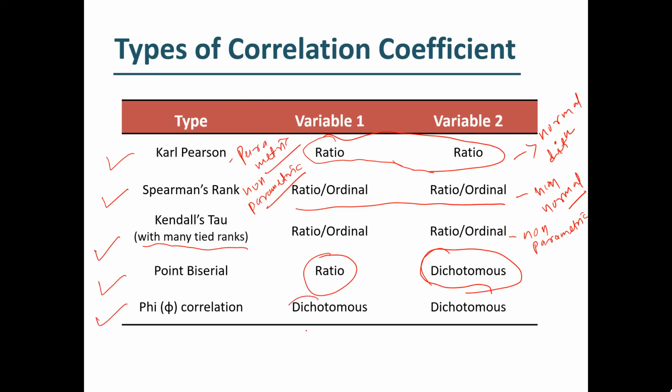And if both variables are dichotomous, we use the phi correlation coefficient. So these are some of the correlation coefficients which are widely used in social sciences: Karl Pearson, Spearman's rank correlation, Kendall's tau, point biserial, and phi correlation.